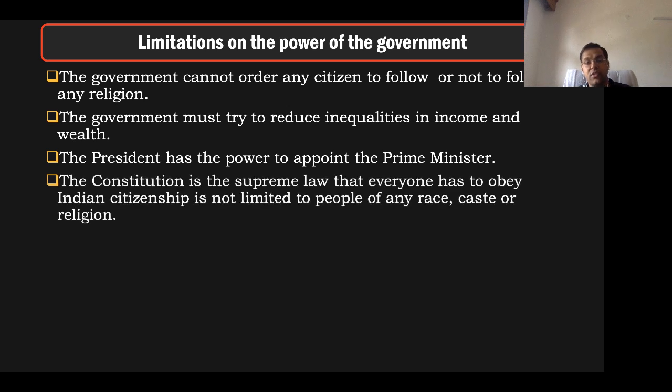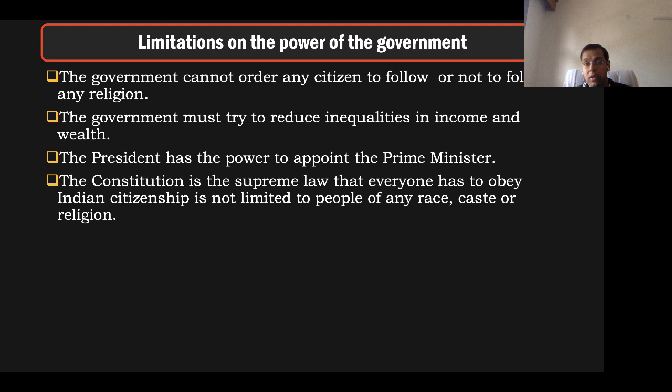The Constitution is the supreme law that everyone has to obey. Indian citizenship is not limited to people of any race, caste or religion. Absolutely true. The Constitution is the supreme law of the land. We do not operate the way government allows us to operate. We operate as per the Constitution of India. Always remember this.